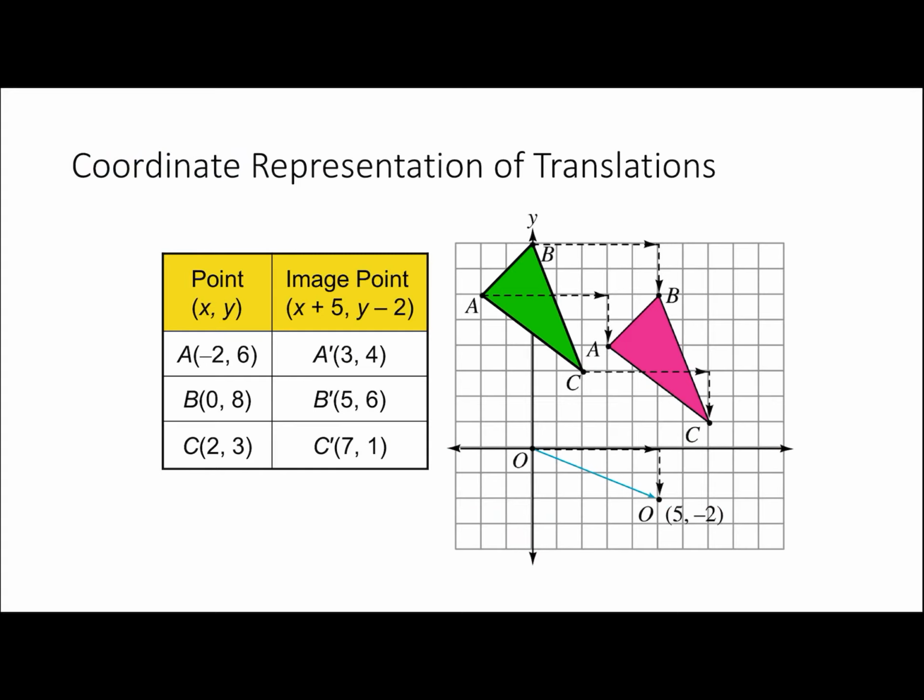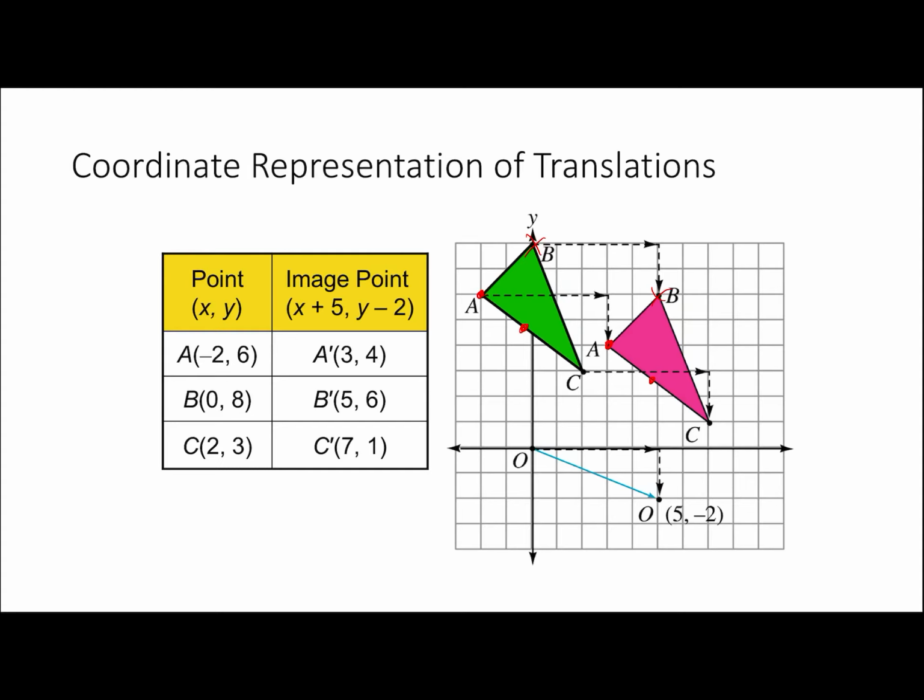Because it's a little difficult to take just some random point and say, okay, I need to move this point to here. But we can take point A, for example, and see, okay, how do I move it to point A prime? Or I can take point B, and how do I move it to B prime? And so on. And so when we talk about this translation, we're going to think about moving each vertex.